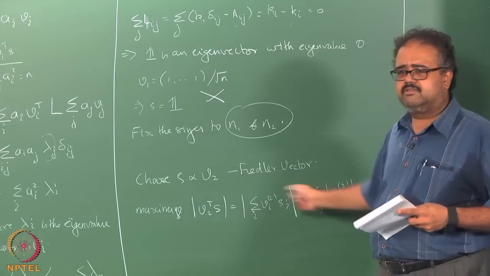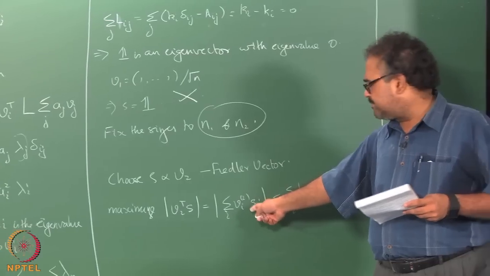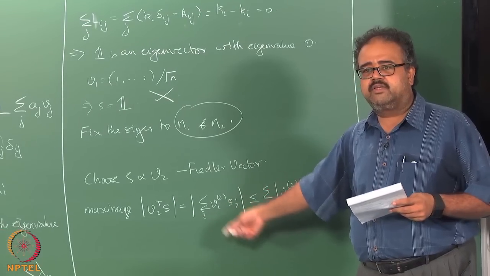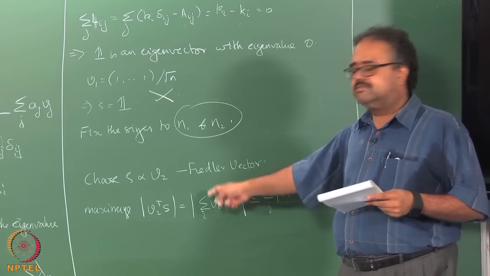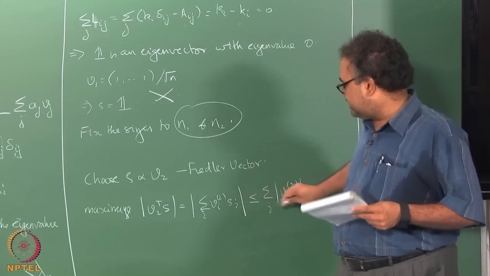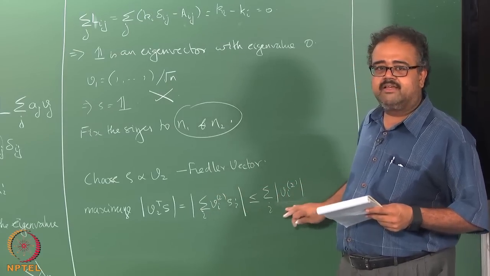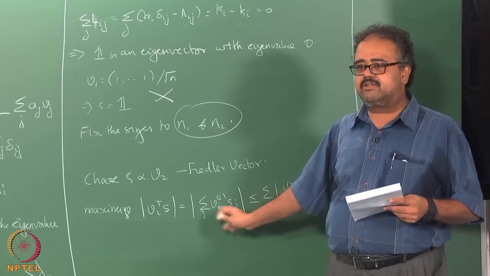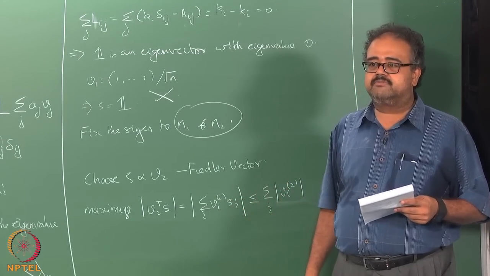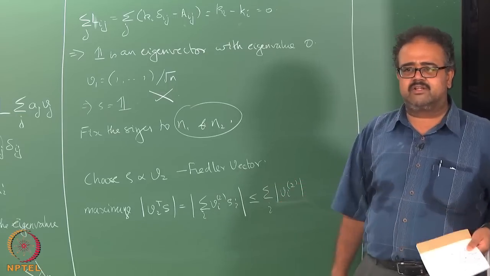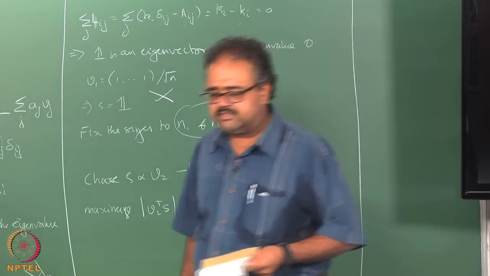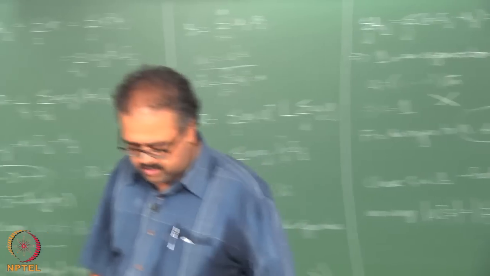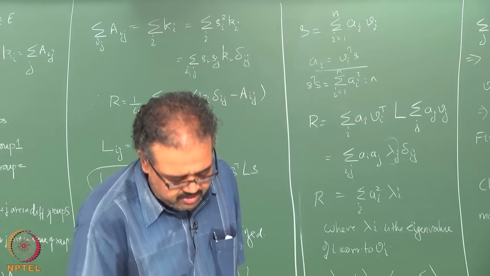This is straightforward. Each entry is either plus or minus 1, so I can get this. The maxima will be achieved, and you can't get better than this, when I make sure that the signs are all the same. So I will make sure that the signs are all positive or all negative. That is essentially what I have to ensure here.